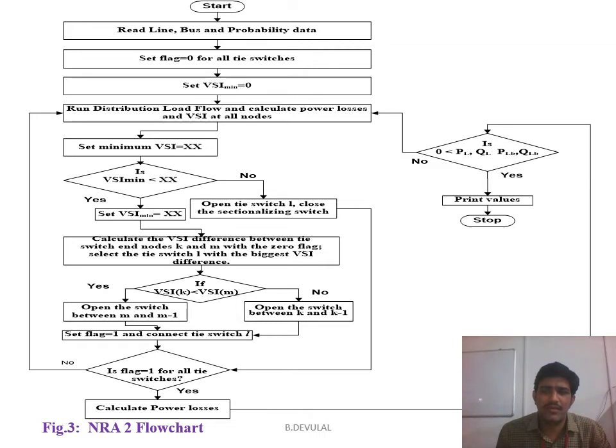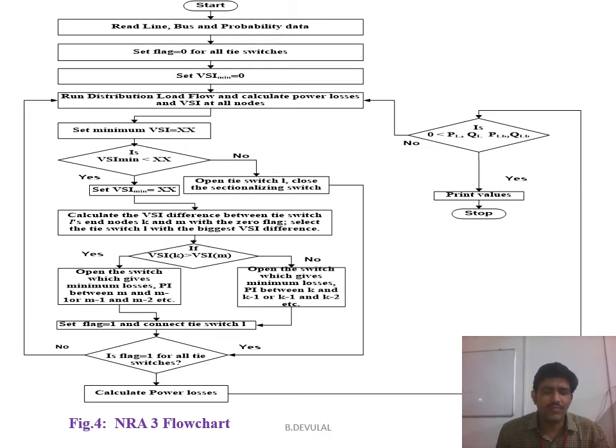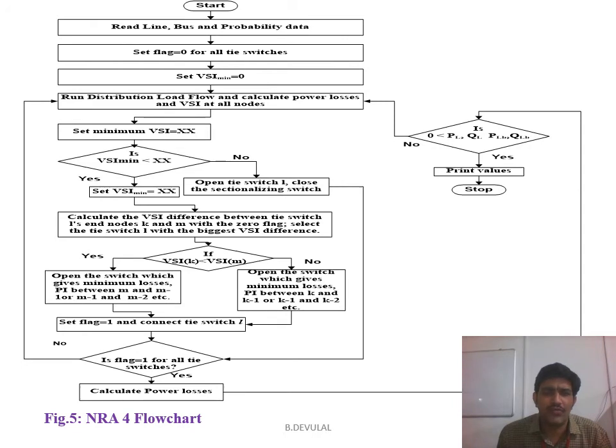Next, in algorithm 3, the maximum VSI difference will be taken into consideration and the minimum losses will be considered, and in this case VSI K is greater than VSI M. Only these conditions change; the remaining procedure is the same. In algorithm 4 we do the same: VSI K is less than VSI M, the minimum VSI difference is taken into consideration, and a sectionalizing switch gives the minimum losses.